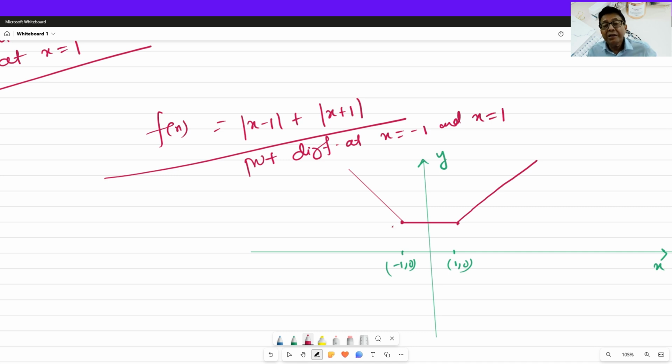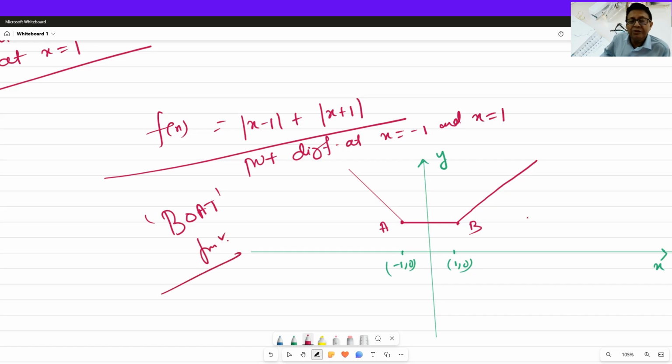Why? Because at x equal to 1, this point A, there is no unique tangent over there. So it will not be differentiable. It is continuous at minus 1 and plus 1, but this function takes the shape of a boat. That's why I named this one the boat function. Boat function, not differentiable.